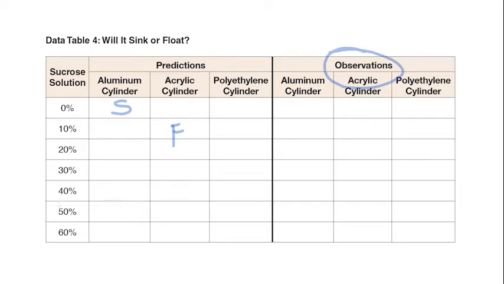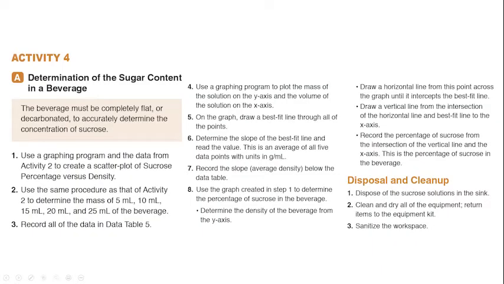And then the last one, and this is something you can do tomorrow or later in the week, is once you have a beverage, and remember I suggested you want something clear, like milk's not going to work because there's way too much other stuff in it. We want something where the density is going to come from sucrose.